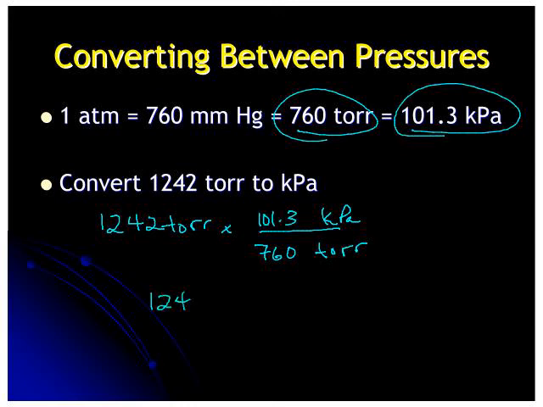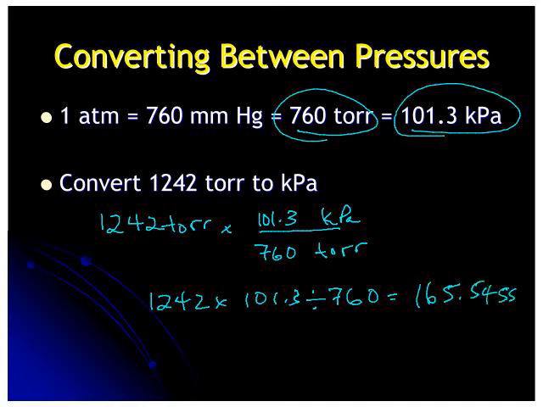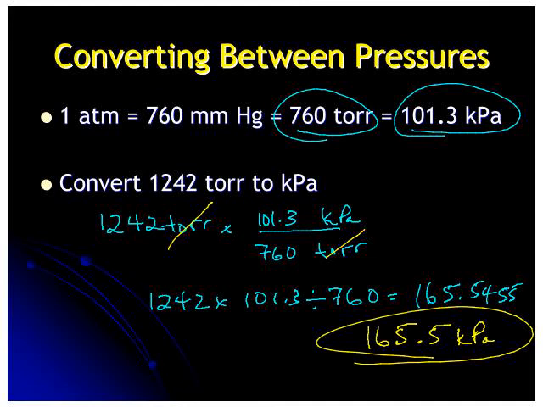Remember, we multiply the numbers on the top, we hit divide for all the numbers on the bottom, and when you solve this, it's 165.5455. You might have a few more numbers on your calculator, but that's only going to be 4 significant figures, so that's 165.5. Torrs cancel out, and my units are kilopascals.